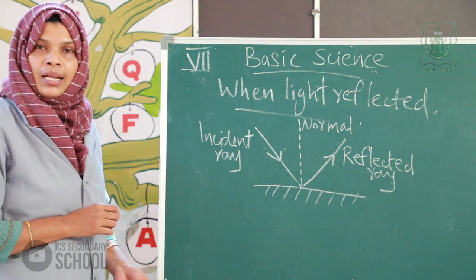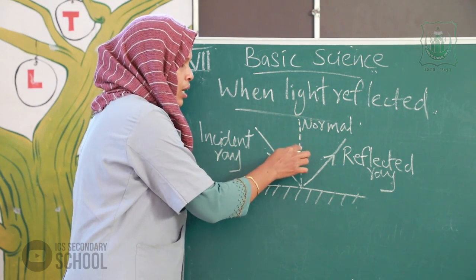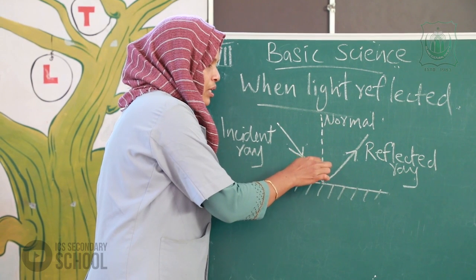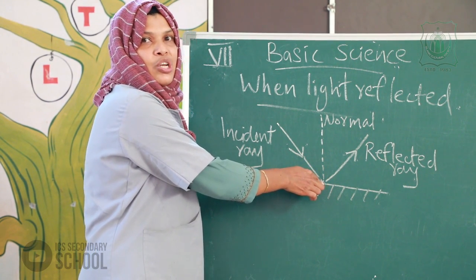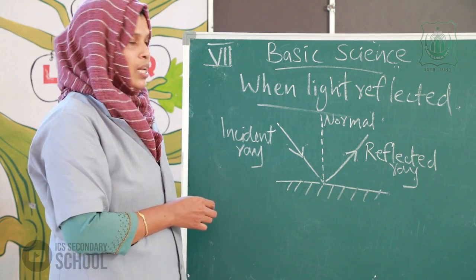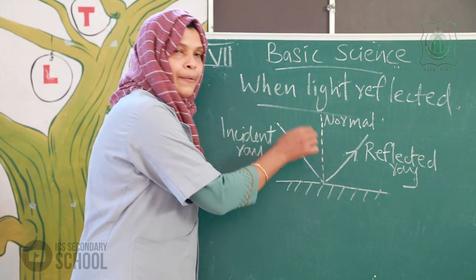What is normal? The line drawn perpendicular to the mirror at the point of incidence is known as the normal.